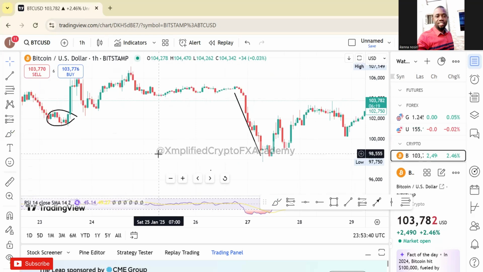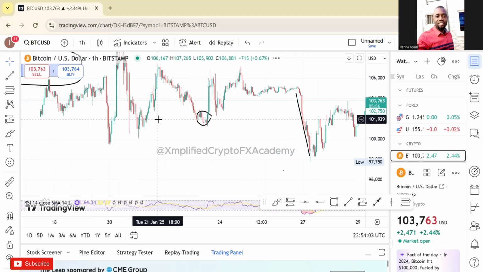Downtrend to uptrend. So we are looking at the signals, the signs, the candlesticks and pattern signs that will tell us that, wow, this candle is making a move. This candle is making a move towards what? Bullish trend.